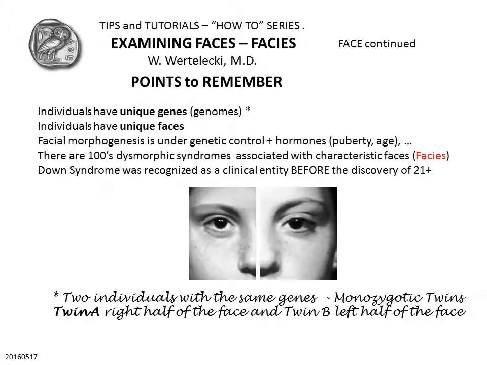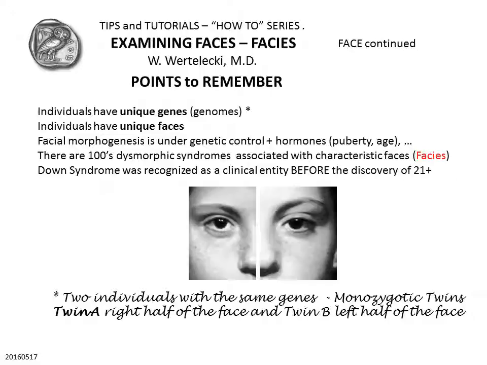So we have come to the end of this first module of the brief tutorial concerning how to look at a face. What we should remember is that individuals have unique genes, just like individuals have unique faces.